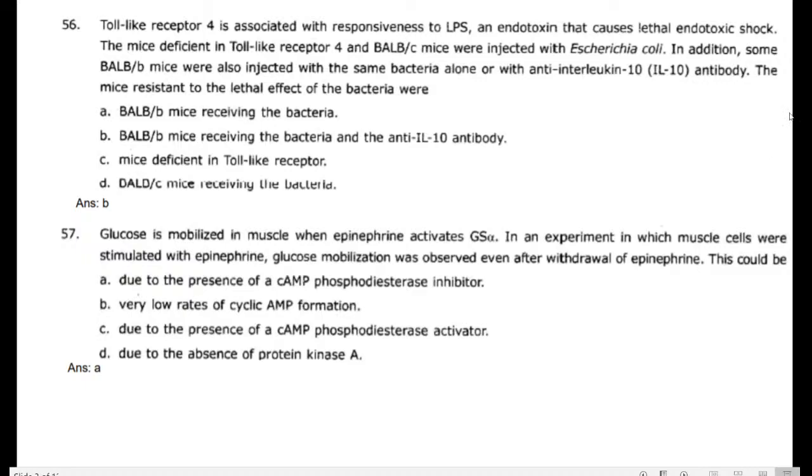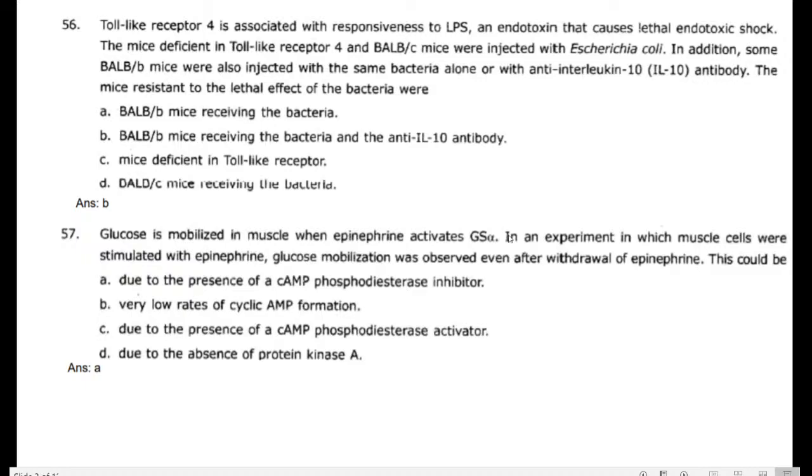In this way we can see what the respective reason is for the question. As per the question, glucose is mobilized in the muscles when epinephrine activates GS alpha. This is a statement.